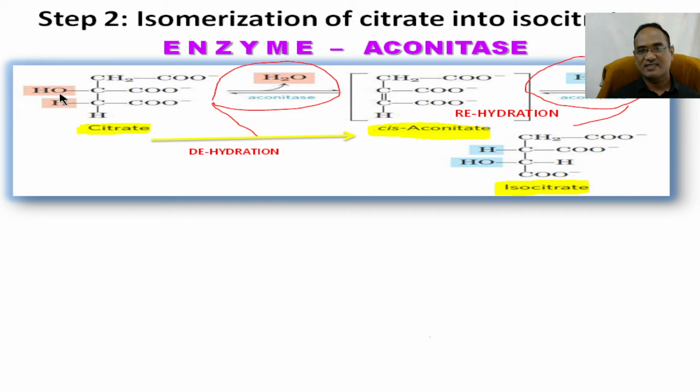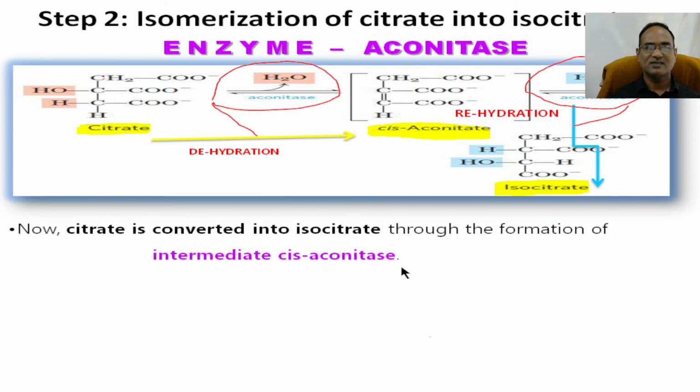In this phase, this H and OH will be converted into a water molecule. And again, here the total position is changed. Because of this change, we have to go for dehydration and rehydration in the second phase with the help of aconitase. Because of this aconitase, citrate is converted into isocitrate through formation of the intermediate cis-aconitate.